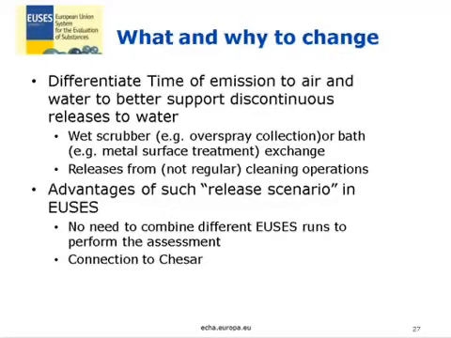The advantage of having such a release scenario, where we differentiate this time of emission in EUSES, is that there is no need to combine different EUSES runs to perform the assessment. A workaround is still possible now, but you have to perform two different assessments and take different outcomes from the different runs you make. And there is a direct connection to CASA, so the results will be directly connected to CASA.